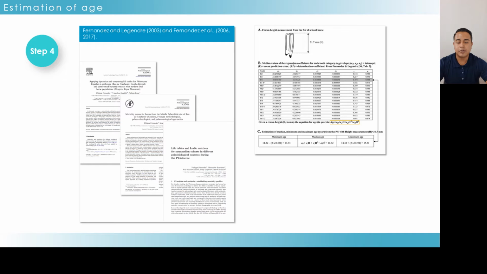This equation returns the median age of each specimen or individual. Finally, we estimate the minimum and maximum age by subtracting and adding the value of the mean prediction error for this dental position to the value of median age.